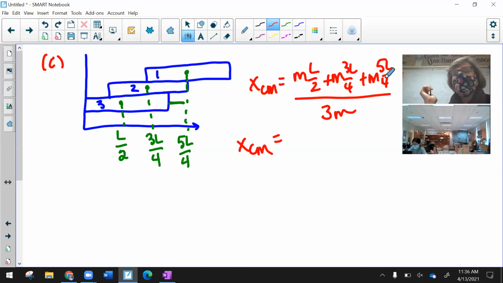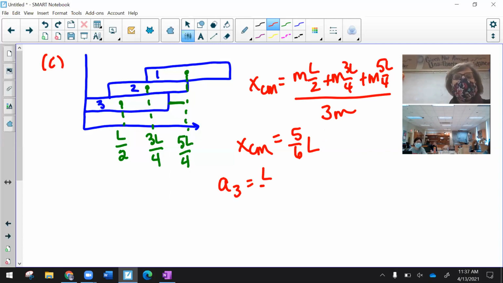And if you find a common denominator and all that jazz, you get 5/6 L. So 5/6 of my lower brick has to be over the brick underneath it. That means that A3, the part that can hang over, is L over 6.